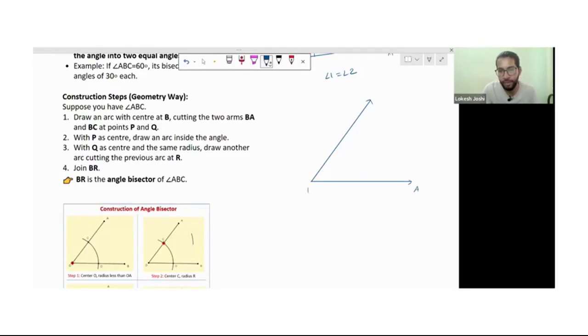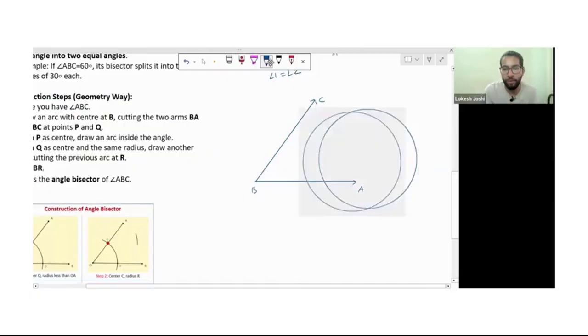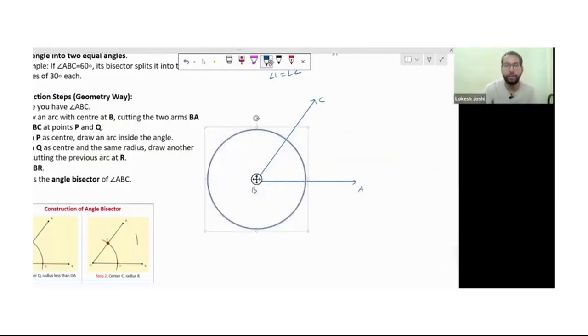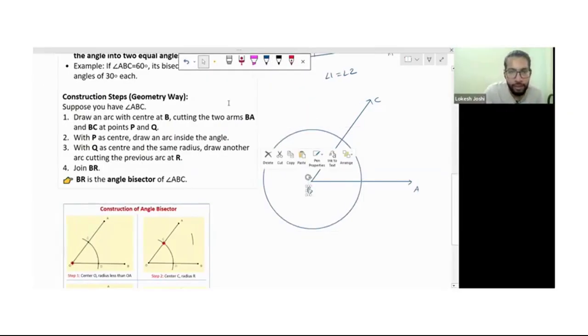Suppose this one is angle ABC. Draw an arc with center at B, cutting two arms BA and BC, which means we have to consider B as the center and draw an arc.